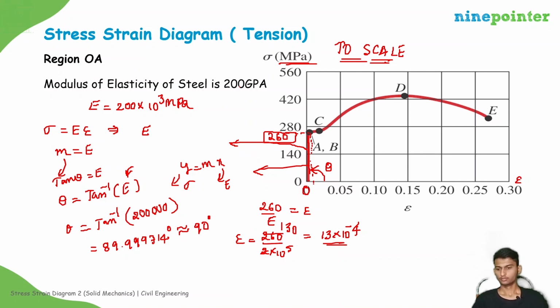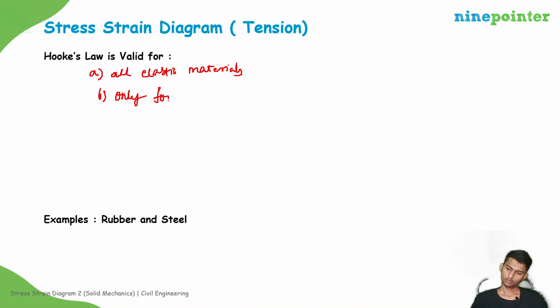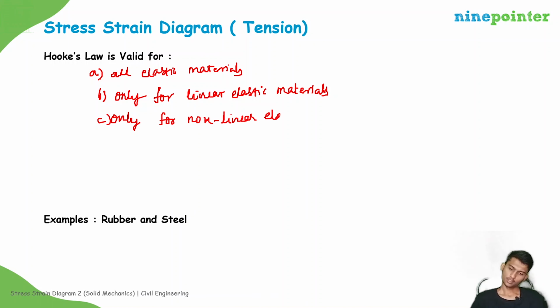So region OA is Hooke's law region. Now one question: Hooke's law is valid for option A, all elastic materials; option B, only for linear elastic materials; option C, only for non-linear elastic region materials; D, none of these.